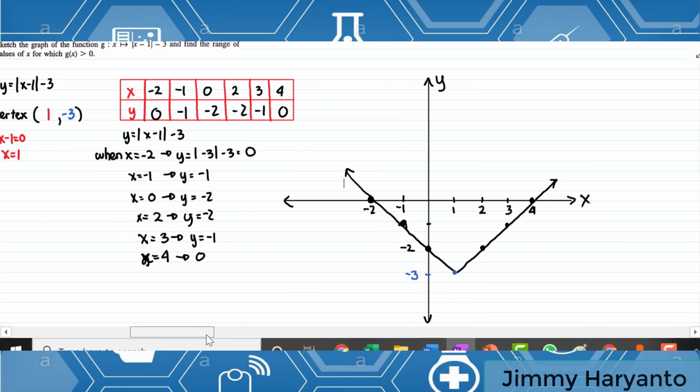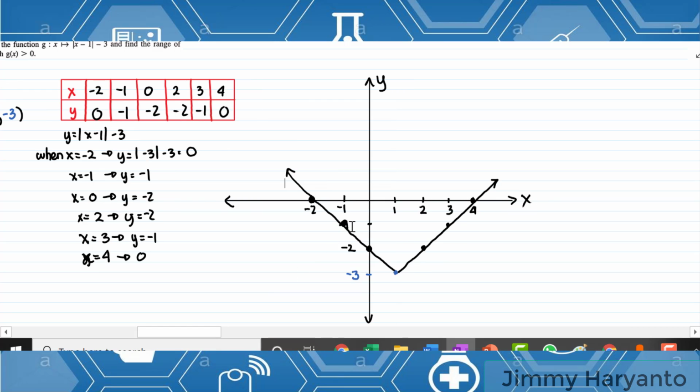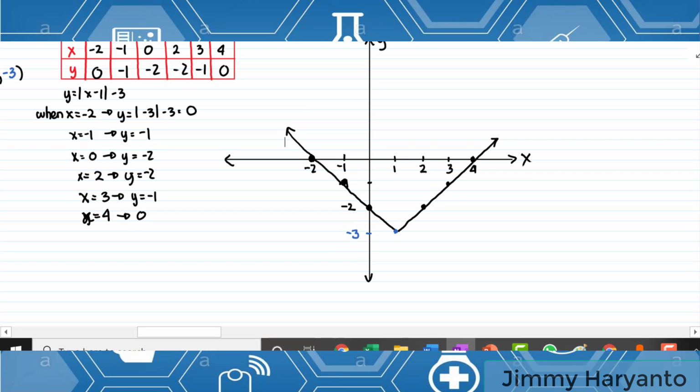Find the range of x for which g(x) is greater than 0. Take a look at this: there is no equal sign. Be careful with that. This means y greater than 0, so first we draw y equals 0, a horizontal line at y equals 0.